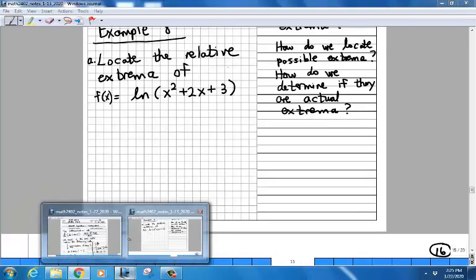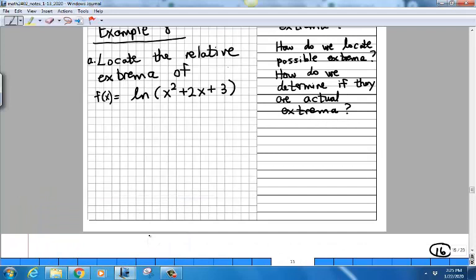Now, we have to remind ourselves, though, how do we actually find extrema with calculus? So how do we locate where those extrema might possibly be? And then how do we verify that our possible points really are extrema, okay?